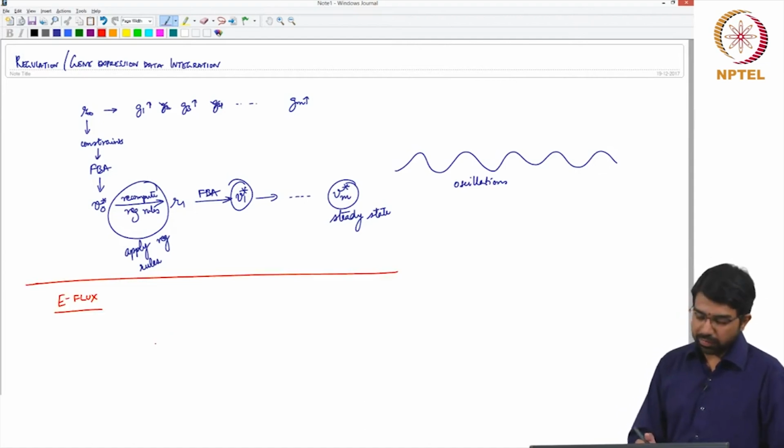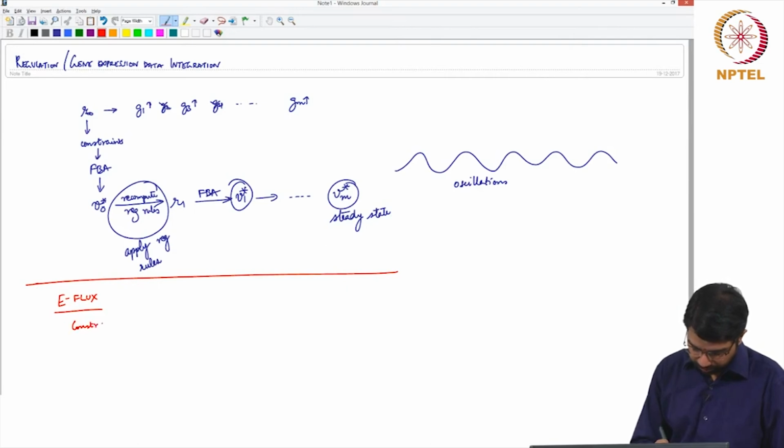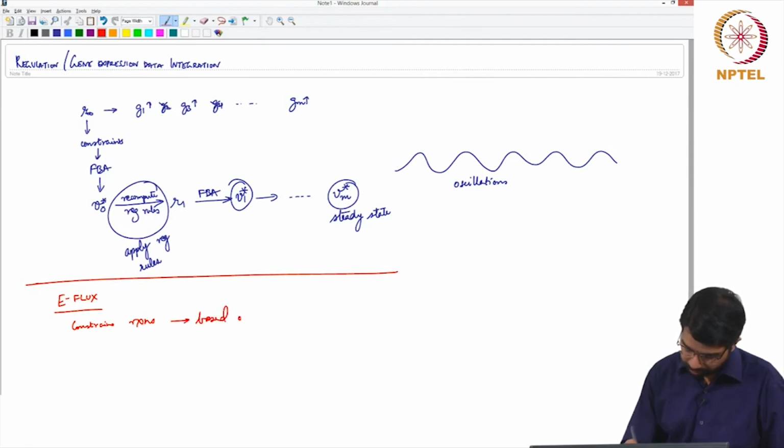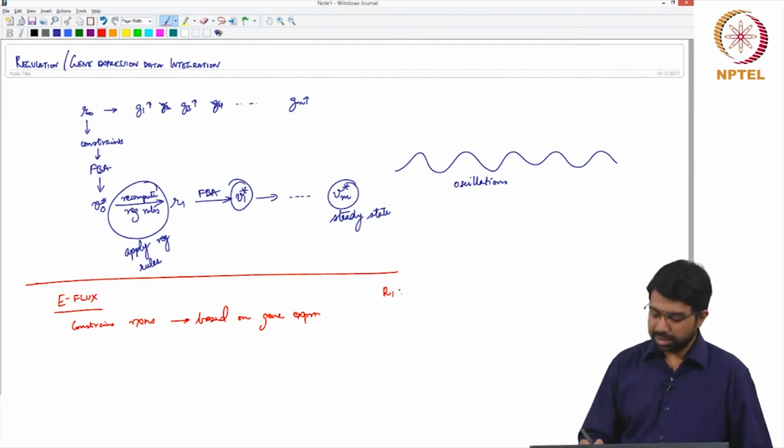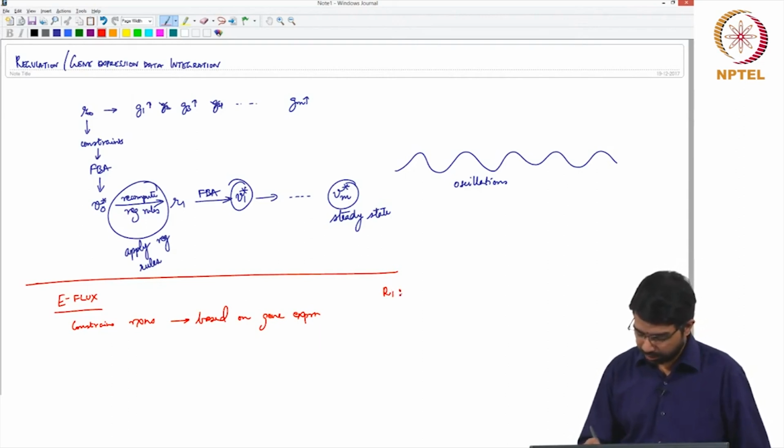So, what is the logic of E-flux? It constrains reactions in the model based on gene expression. So, let us go back to a gene protein reaction association matrix.